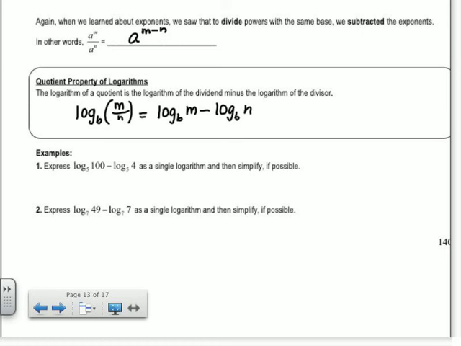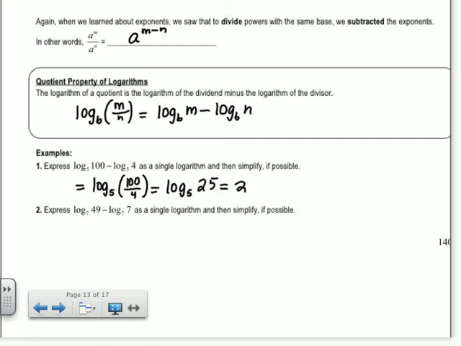Okay, so in number 1, if I want to combine those two logarithms, it was subtraction before. So I'm going to combine with division. So it's 100 over 4, which is log base 5 of 25. So log base 5 of 25, can you do it in your head? 2, right.